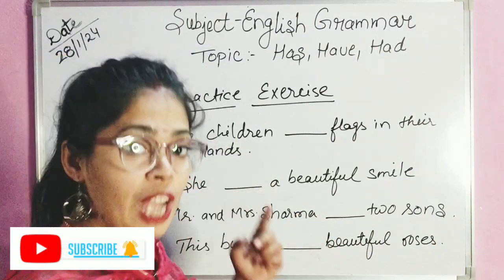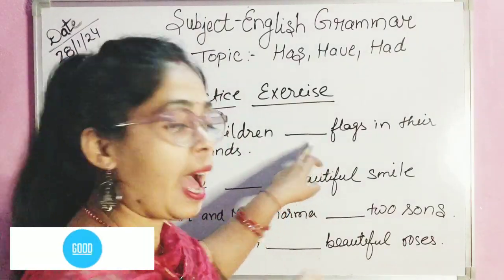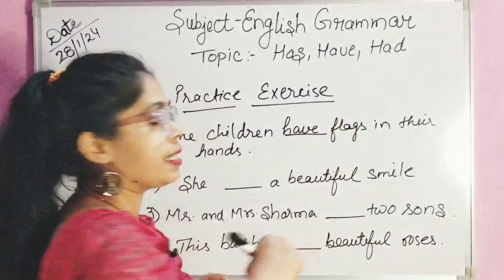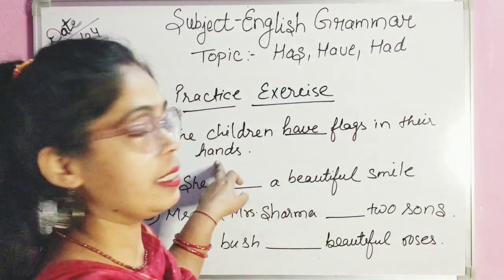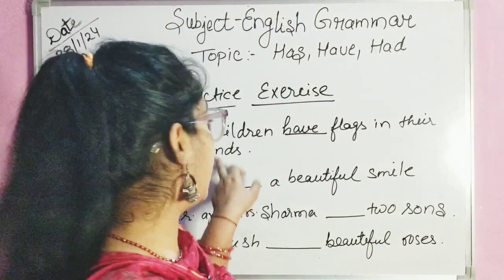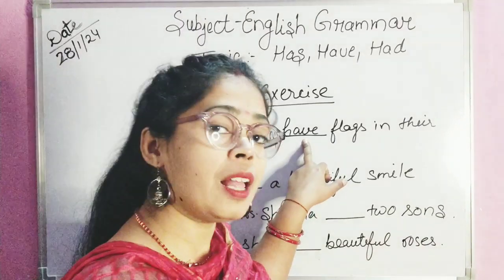So the children, what will come here? Have. Yes, the children have flags in their hands. Okay, children मतलब एक से ज़्यादा बच्चे हैं. That's why we have used here have, and have is always used with plural noun.